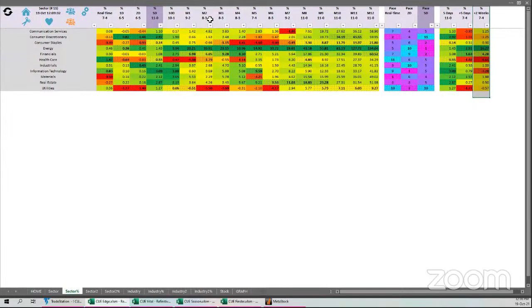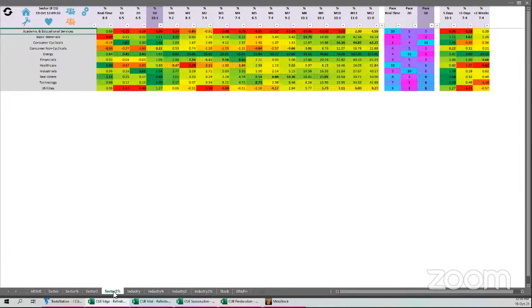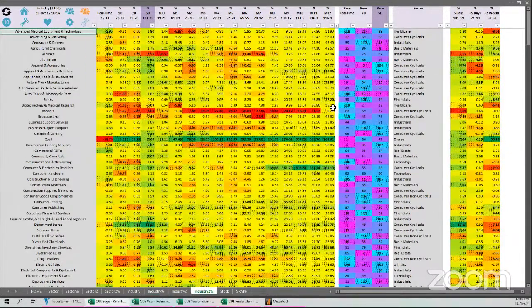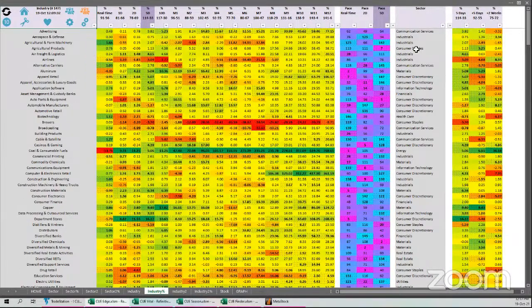It's not additive like in the scorecard areas. This is 5 days, previous 5 days, and then 2 weeks prior to that. You can have an idea how the sectors are moving. Same organization for the alternate sectors, performance tab, and also for the industries and alternate industries. As you can see from the industry performance tab, we also have the sector column.